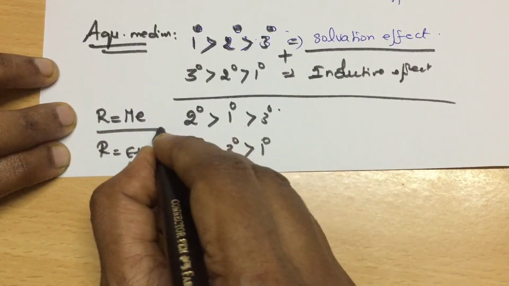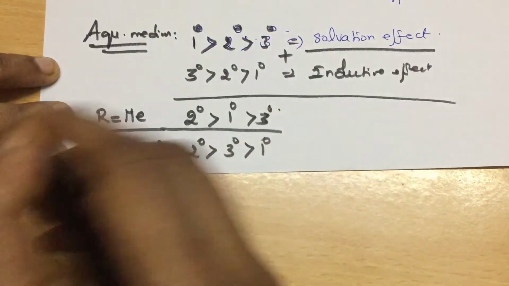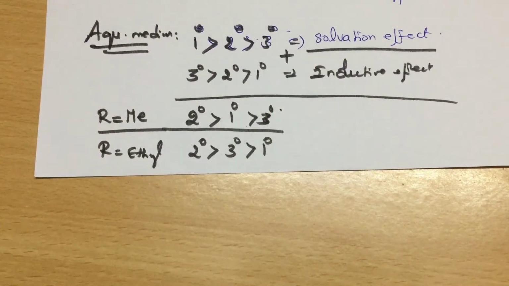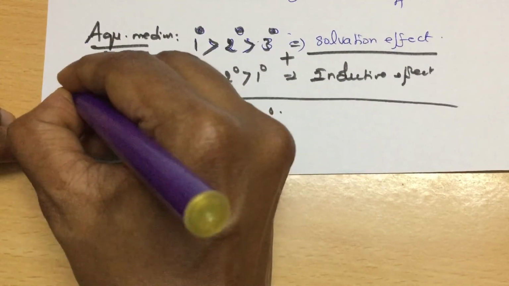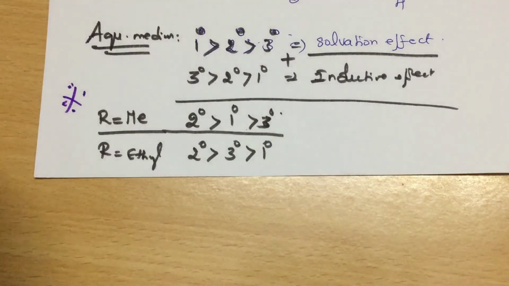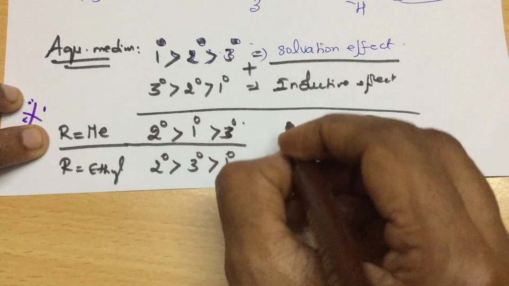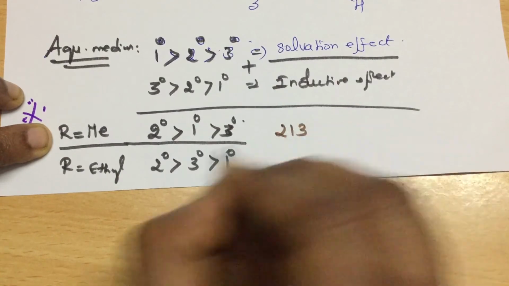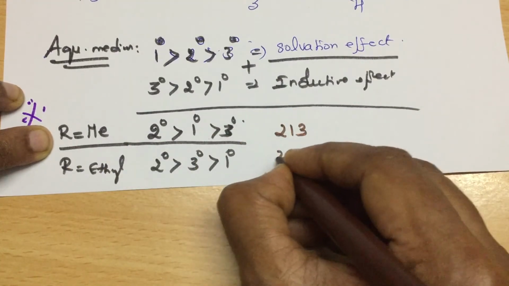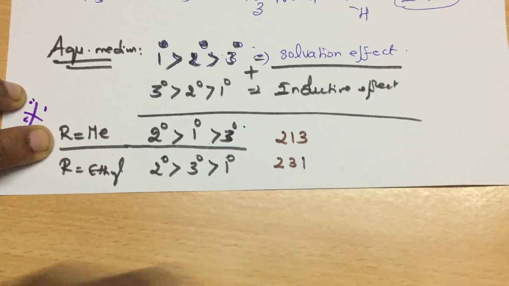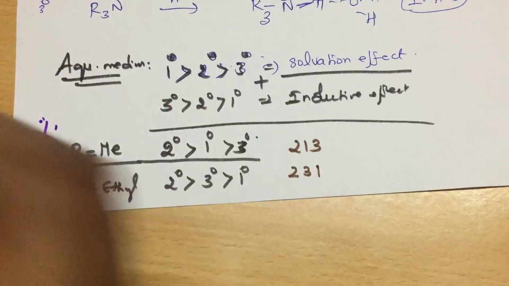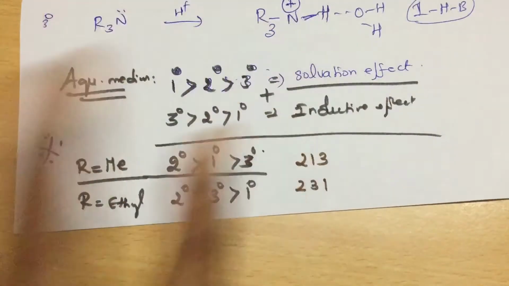So please remember, they keep on asking these questions. I have seen this question many times. So you have to remember, just keep in memory. R is equal to methyl in aqueous medium: 213, ethyl: 231. So this I wanted to tell. So please revise the concept.